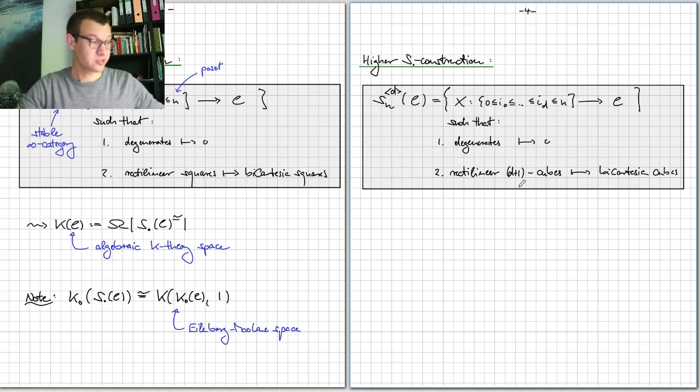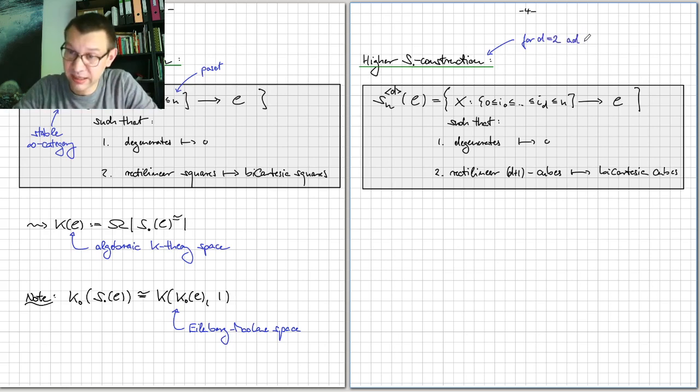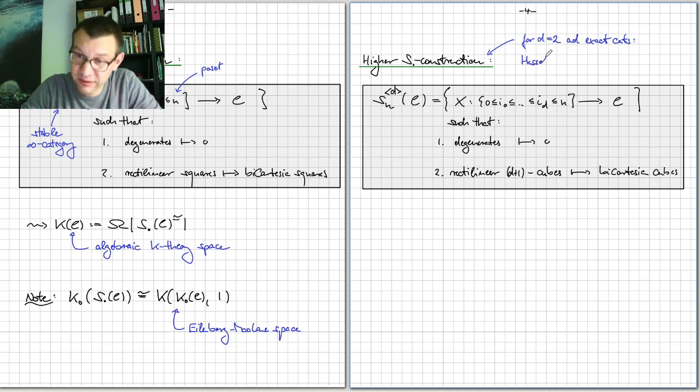This is inspired by, and you can essentially find this in the context of exact categories, for d equals 2, an approach to d-looping which was taken by Hesselholt and Madsen in their approach to what they call real algebraic K-theory. So that's for real algebraic K-theory.